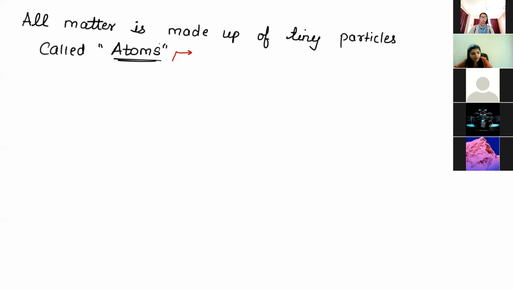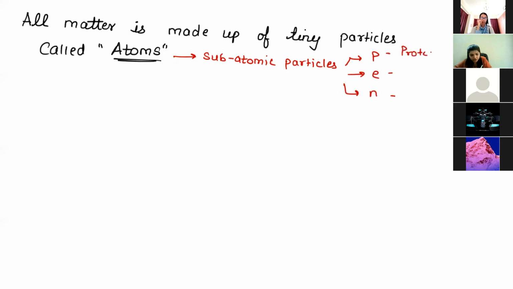So the atom has the subatomic particles P, E, and N. You can remember that as a short form as PEN, where P stands for protons, E for electrons, and N for neutrons. So let's just revise some properties of protons, electrons, and neutrons.